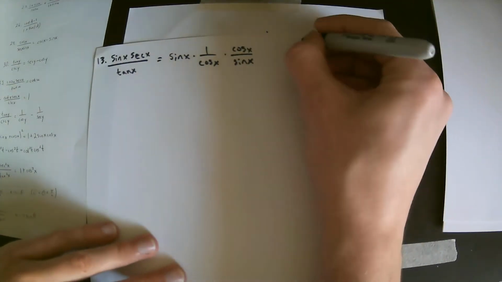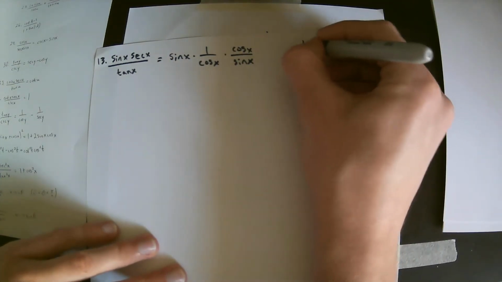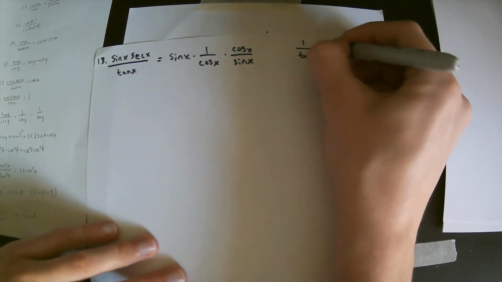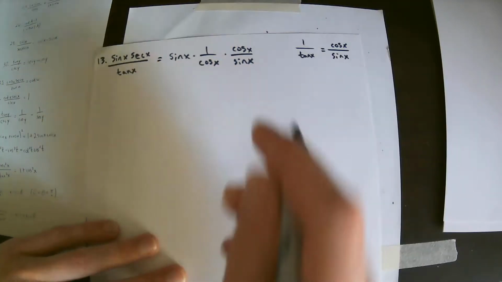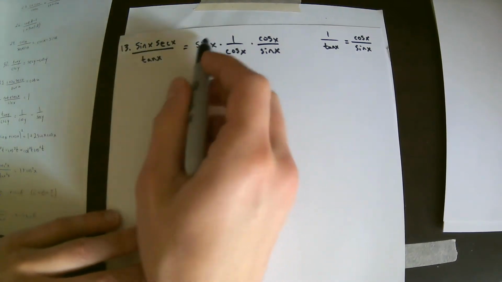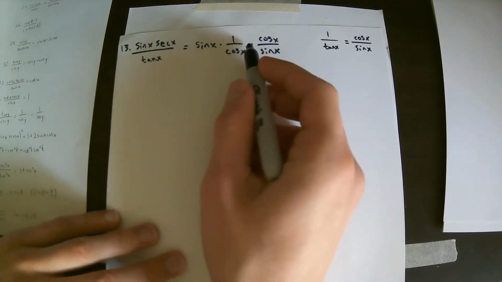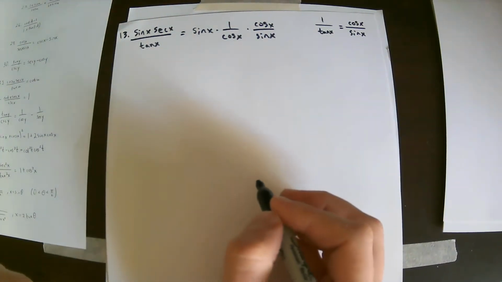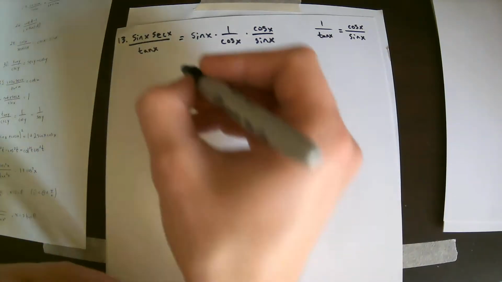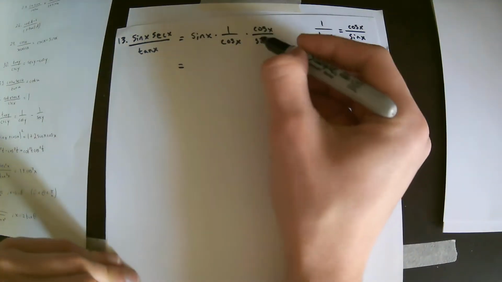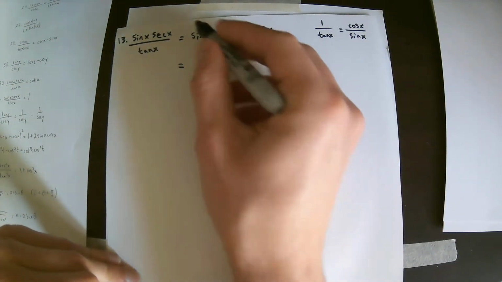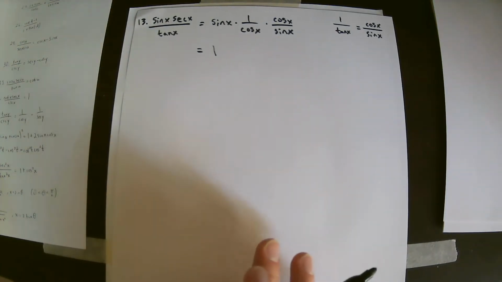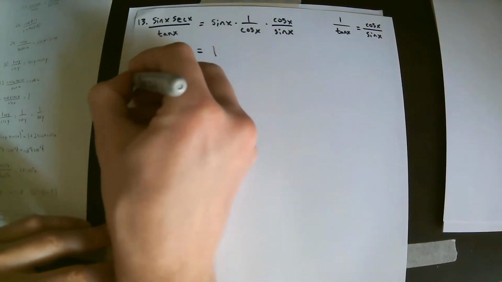So I'm saying that 1 over tangent x is equal to cosine over sine. You can see how that makes my life a lot easier, because I'm going to see a lot of things canceling. I've got a cosine and a cosine and a sine and a sine, and this all just works out to be 1. Everything cancels.